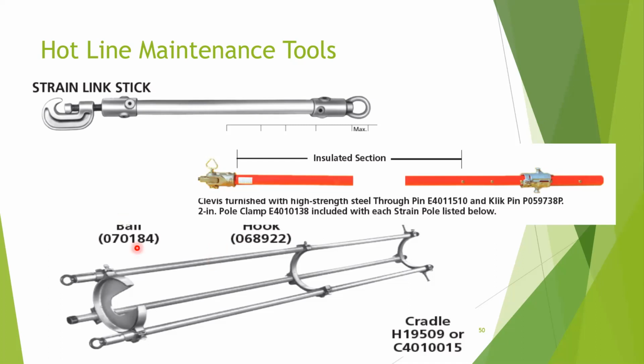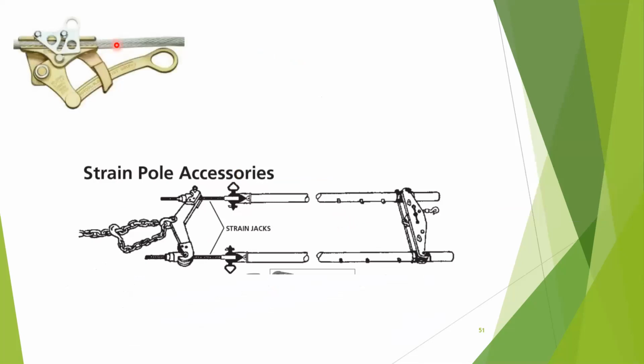This is called an insulator cradle, and this come along clamp can be connected over here. This yoke is called the front yoke, and this is called the back yoke.